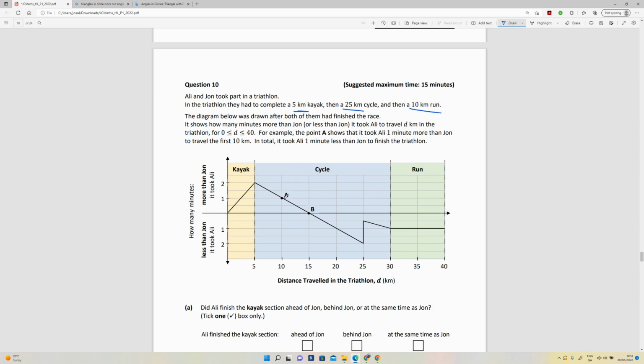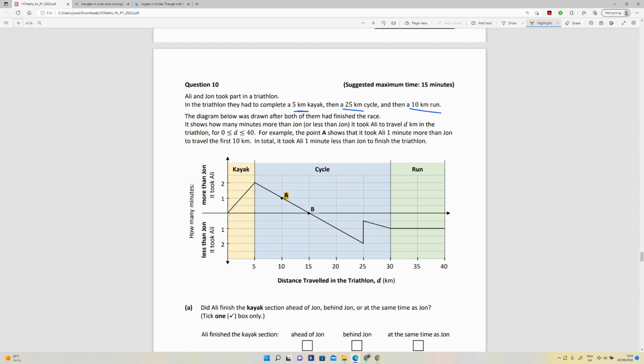For example, the point A shows that it took Ali 1 minute more than John to travel the first 10K. So the top line is where Ali is basically slower than John, and the bottom line is where John is slower than Ali.